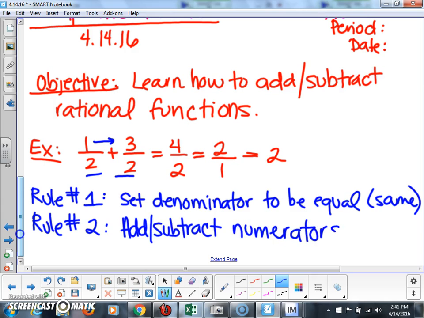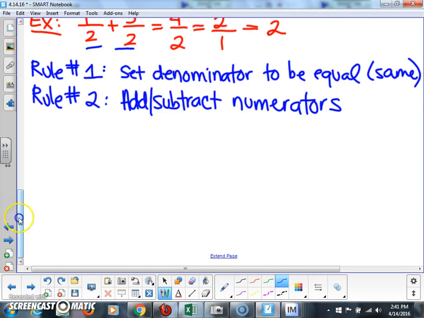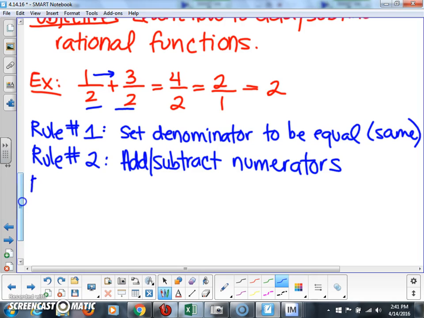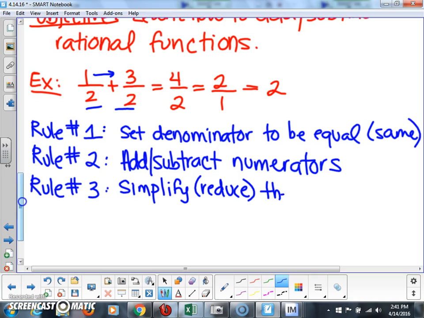And then our final step was to simplify or reduce the fraction. We've been learning how to simplify all along. So you're going to simplify, in other words, reduce the rational function.